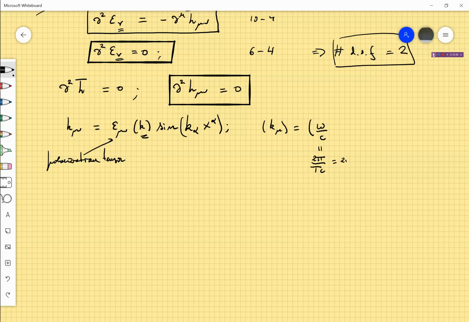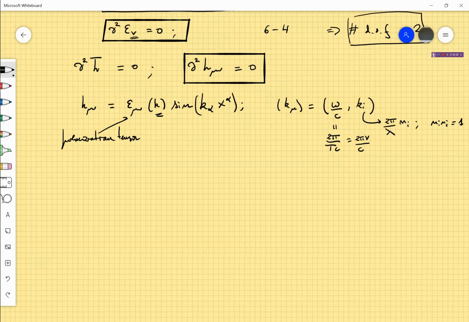And this is the same as 2 pi times the frequency, because the frequency is the inverse of the period, divided by c. And these are the spatial components, which can be written as 2 pi divided by the wavelength times n i, which is a unit vector that points into the direction of propagation of the wave.